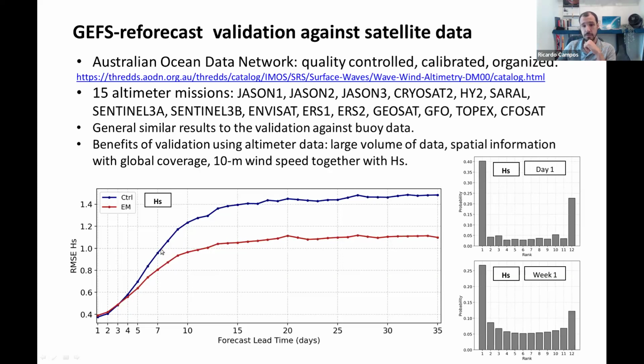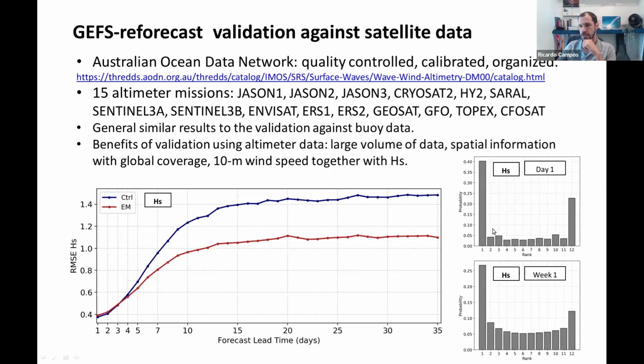The ensemble mean is performing better than the control member or any individual member of the ensemble, as we expect, and it tends to be stable, flat after 12 or 15 days.